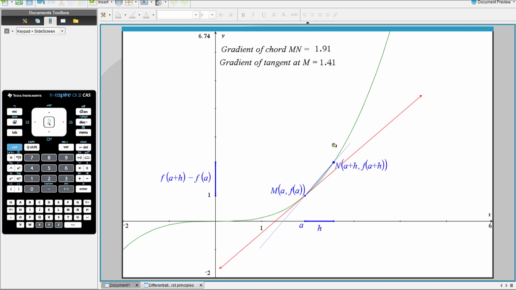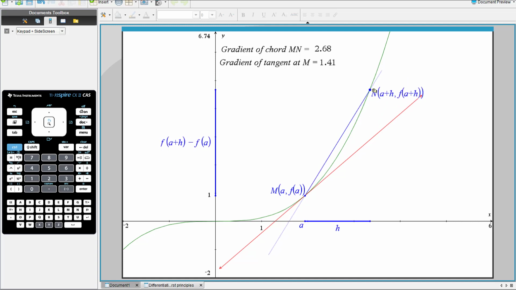So what are we actually changing by moving N closer to M? The easiest way to talk about it is that we're making h small. Remember h is that horizontal distance, look at it along the x-axis there. As we move N closer and closer to M, h is getting closer and closer to 0.